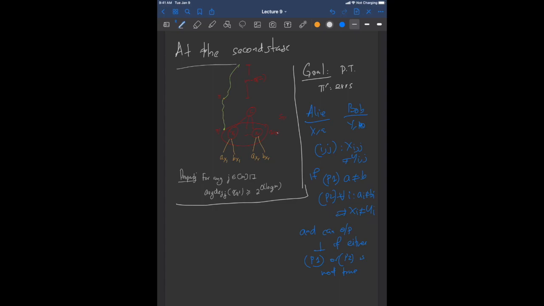If I run the entire protocol, which was called pi, on some x that is here, let's take x1 itself, so on x1 for Alice and x1 for Bob, could they have found a difference?